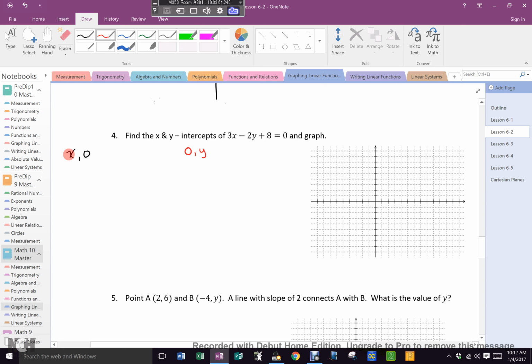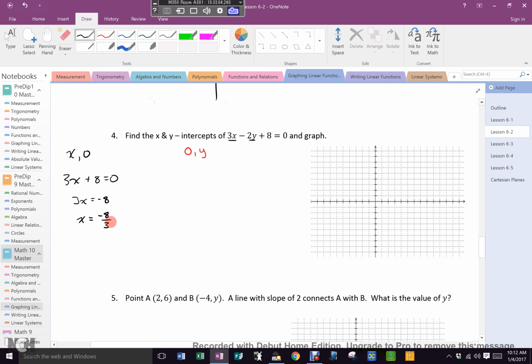So, if x is x and y is 0, what do I have right there? An x and a 0, yes? So, I have 3x. What happens to the y? It disappears, correct? Plus 8 equals 0. 3x equals negative 8. X equals negative 8 thirds.